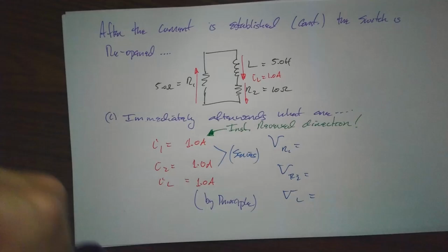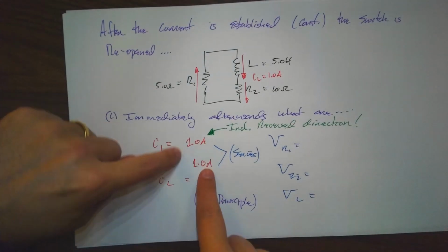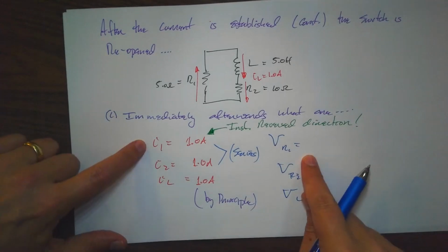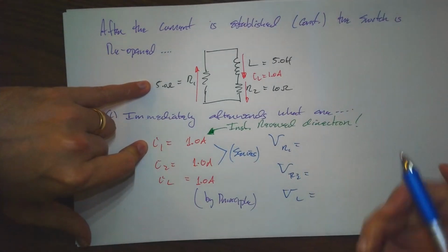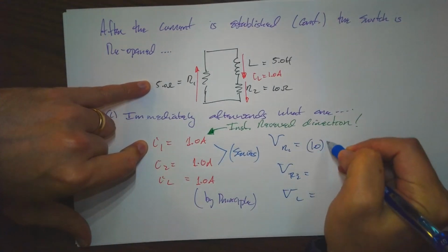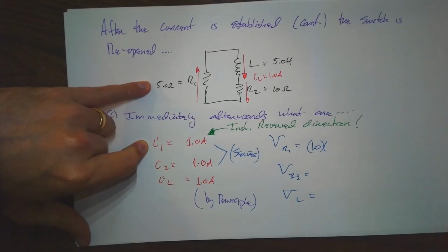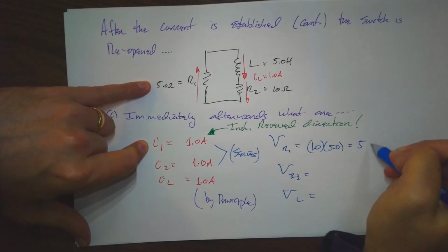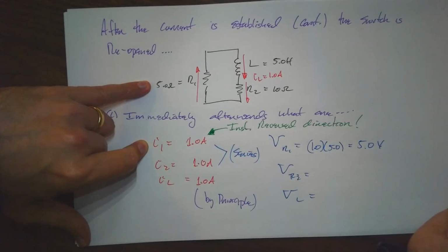Now, we know the currents in resistor 1 and resistor 2. What are the voltages going to be? What's voltage for resistor 1? Volts by Ohm's law.